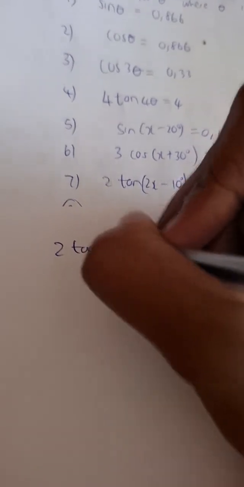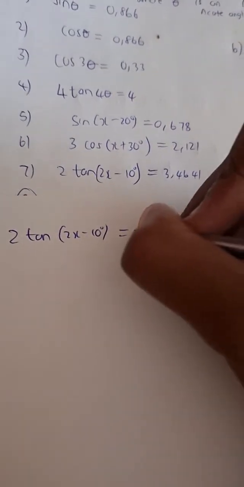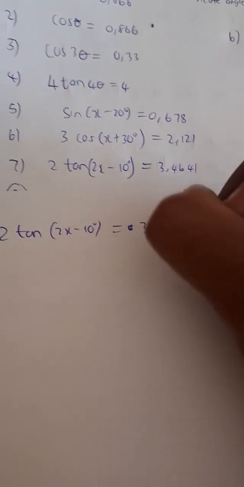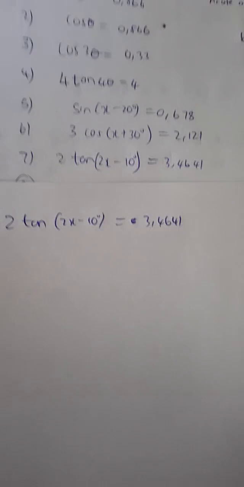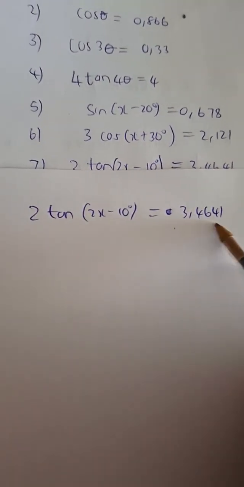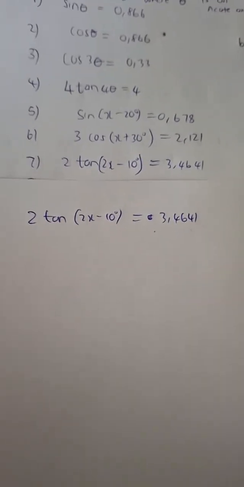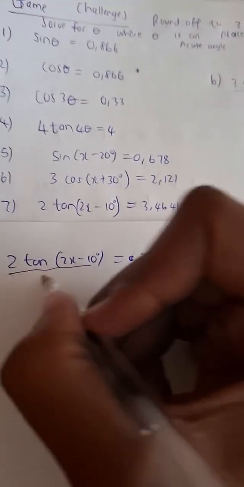2 tan(2x minus 10 degrees) is equal to 3,4641. Once again, trig ratio, compound angle, coefficient, isolated value. So first things first. It's like clockwork now.